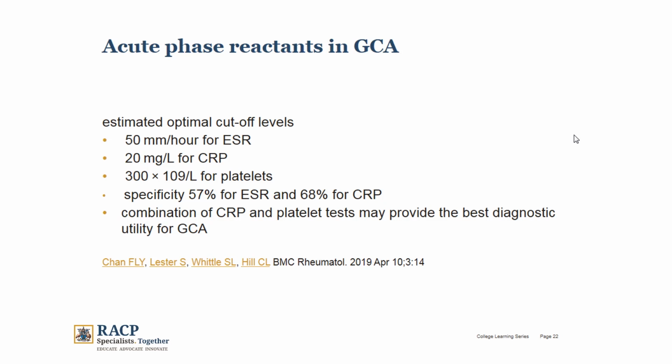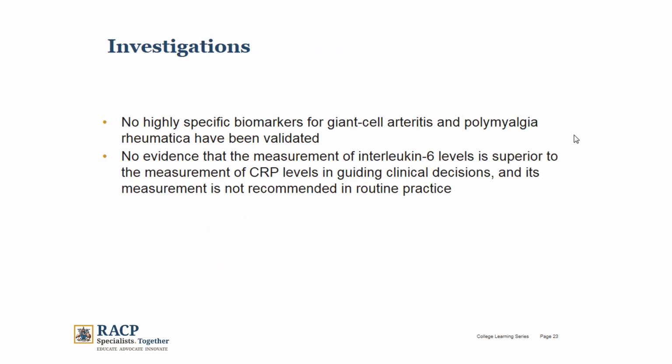A combination of CRP and platelet count may be the best diagnostic combination with regards to acute phase reactants in giant cell arteritis. However, despite all this, no highly specific biomarkers have been validated for giant cell arteritis or polymyalgia rheumatica, and there is no evidence that measuring interleukin-6 level is superior to CRP.